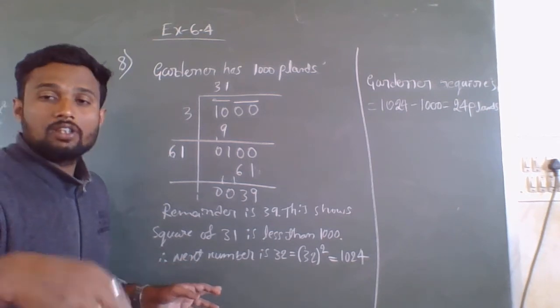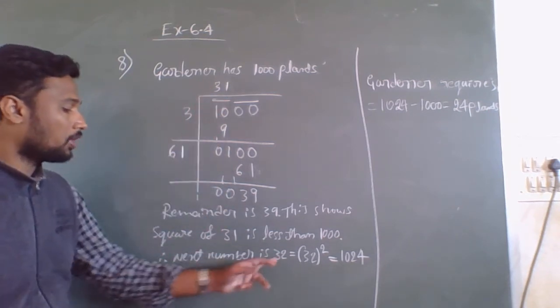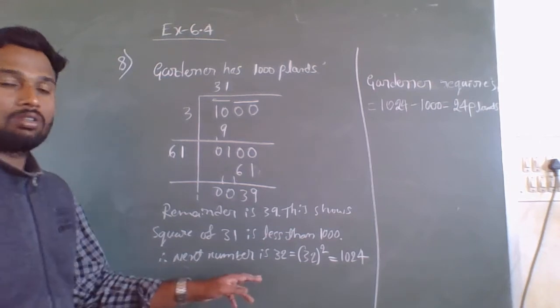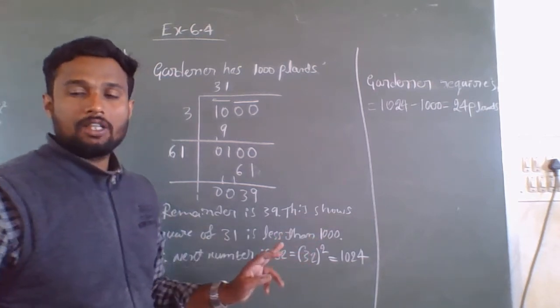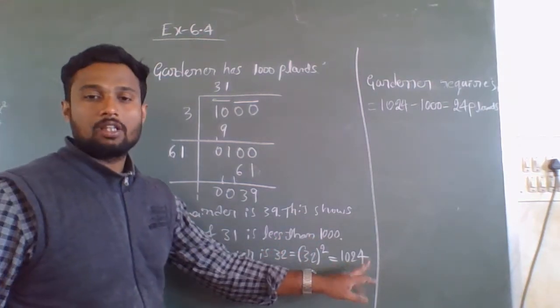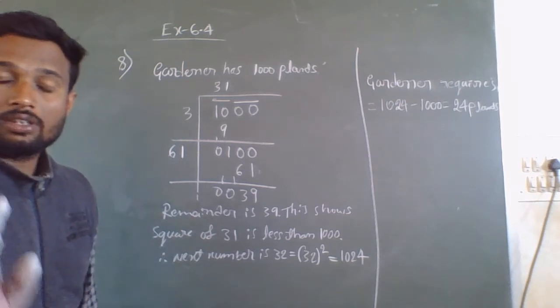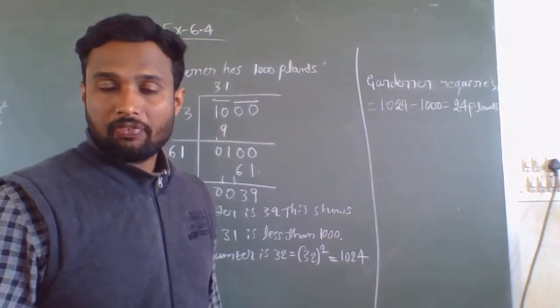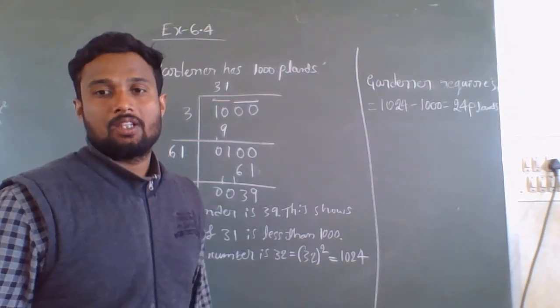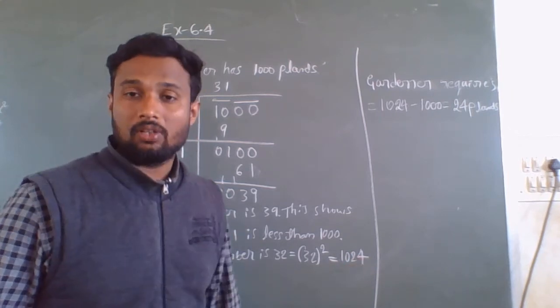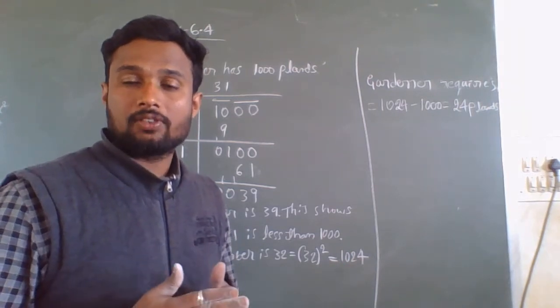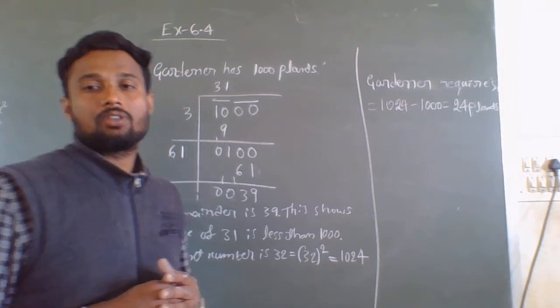Therefore we will check with the next number. After 31 what do we have? 32. The square value of 32 is 1024. So this 1024 is a perfect square number, and by this 1024 we will get the number of rows equal to the number of columns.